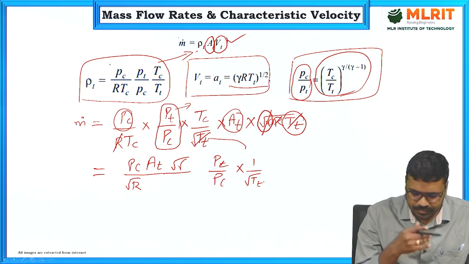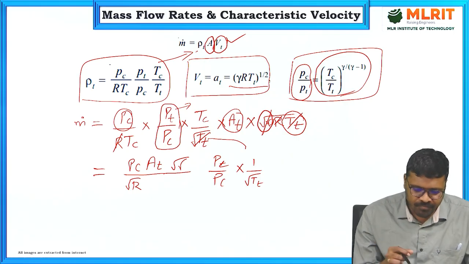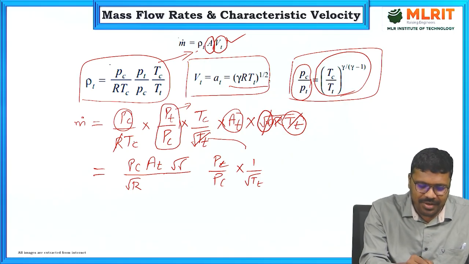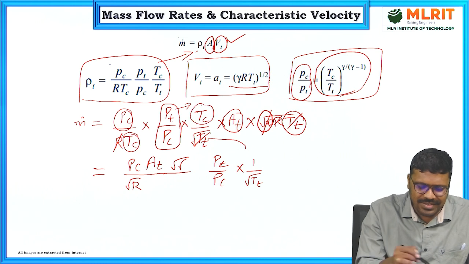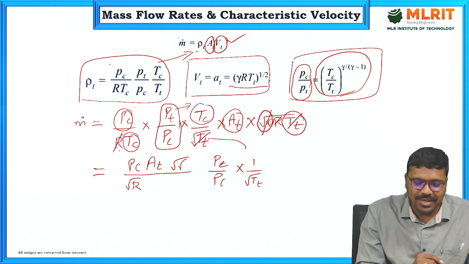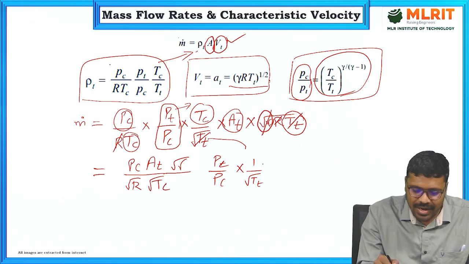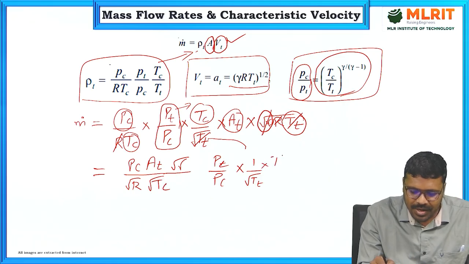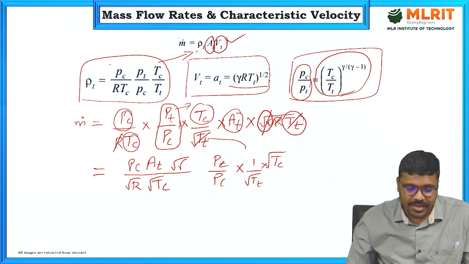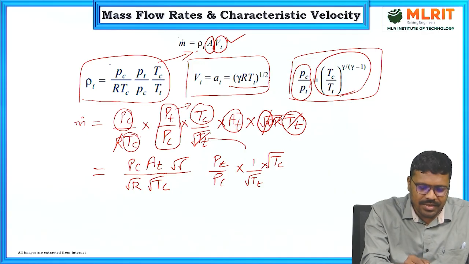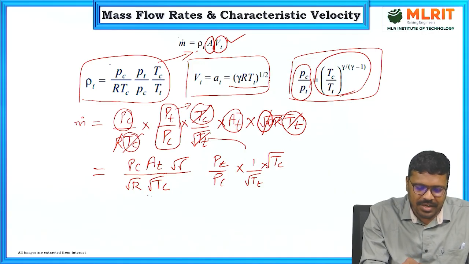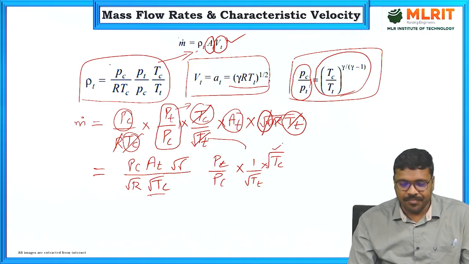Next, I want to write this Tc term as Tc power 2, and I want to cut under root Tc. Then I will write under root Tc here and into under root Tc here. This Tc and this Tc I am writing as under root Tc and under root Tc.